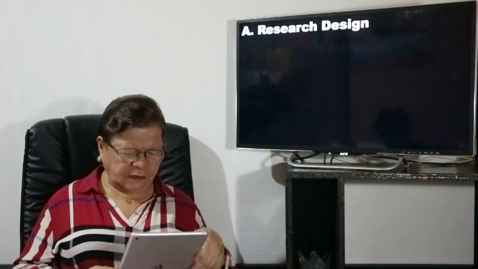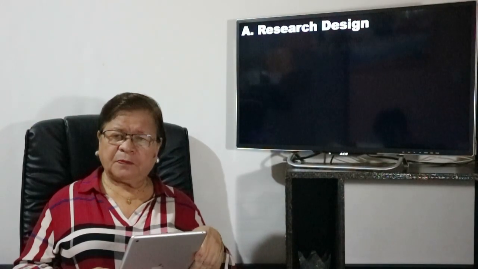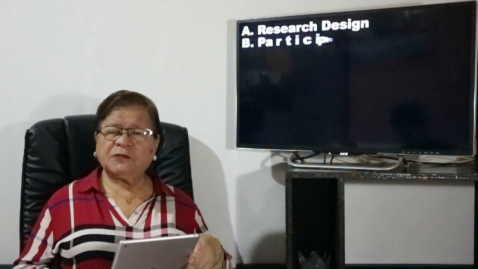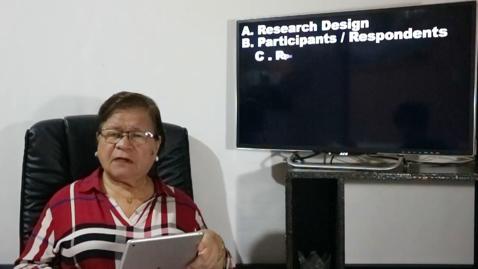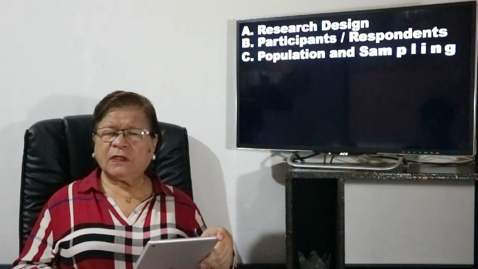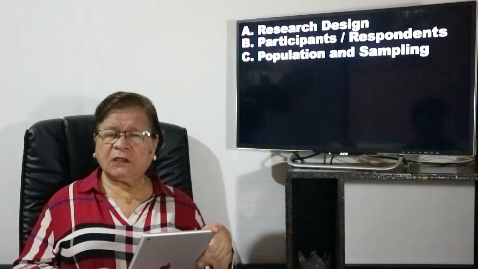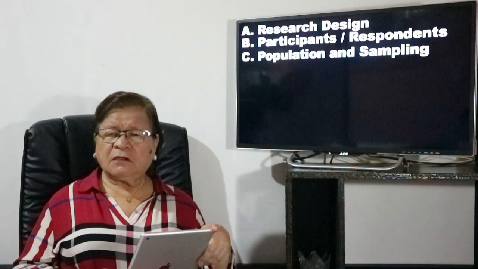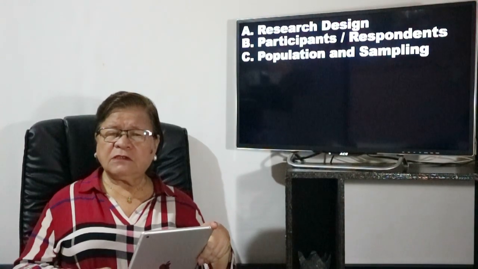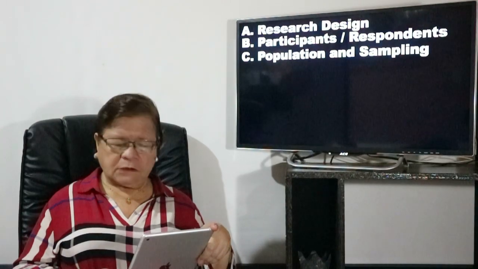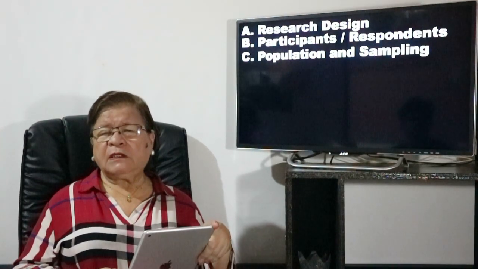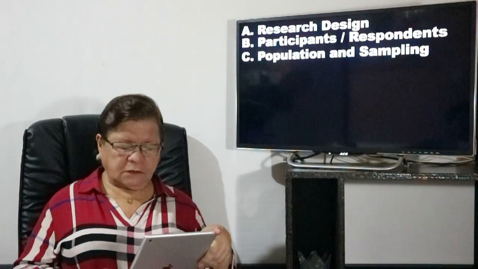Next, after the research design, you should describe the participants or the respondents of the study. Letter C, population and sampling. So why is there already a mentioning of population? Because in BERF, the Basic Education Research Fund type of action research, this will already involve a bigger population.